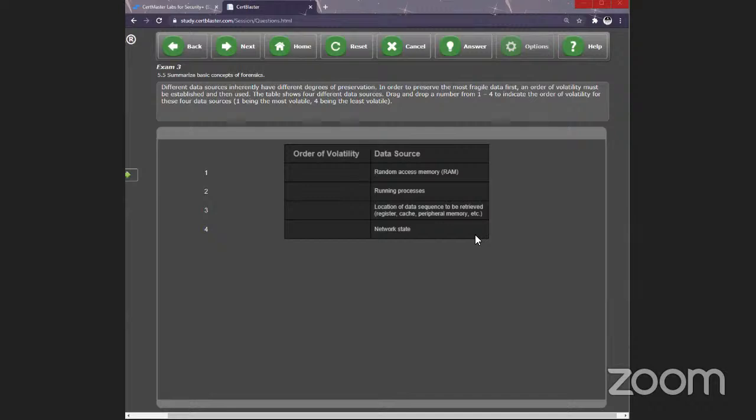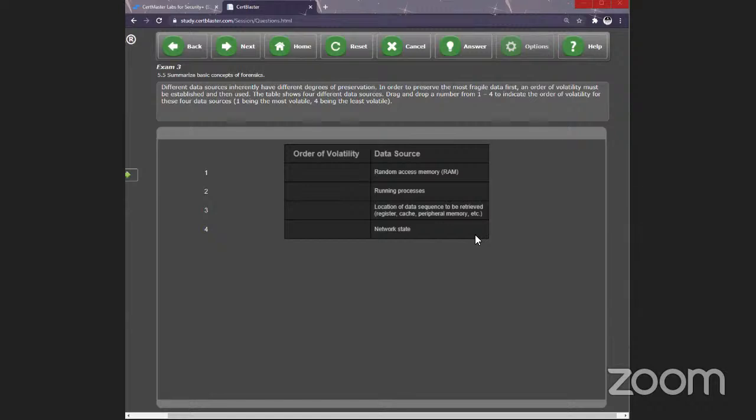So remember, let's go through this first. We have our RAM, our running processes, our cache, and our network state. Now, what do we think is the most volatile, from number one, most volatile, to the least volatile?